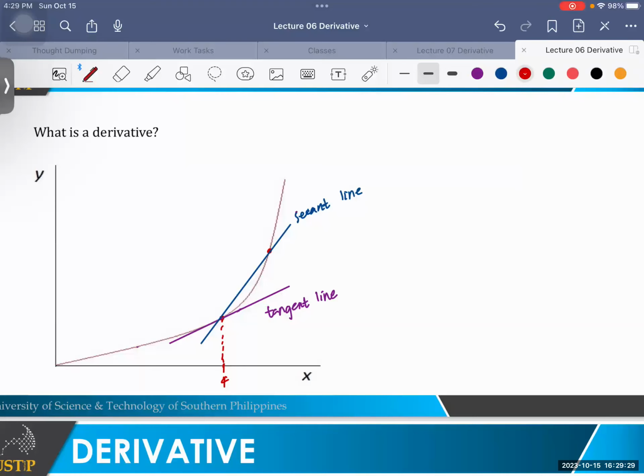Okay, so in the fourth-degree class, let's have a general notation of this. Say this point is your x here, okay? And this is your x plus h, given that the length is your h.